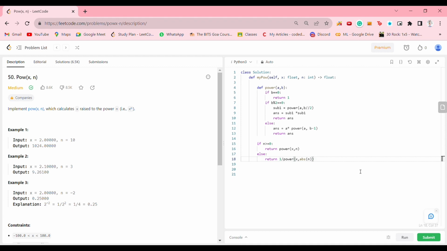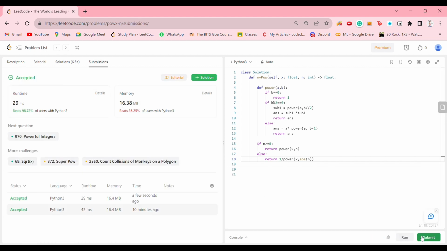That's the entirety of this solution. So let's just try to run it. Yeah, and it accepts on these sample cases. So we'll try to submit it. Yeah, and it works pretty well. As you can see, it beats 98.7% of the other solutions.